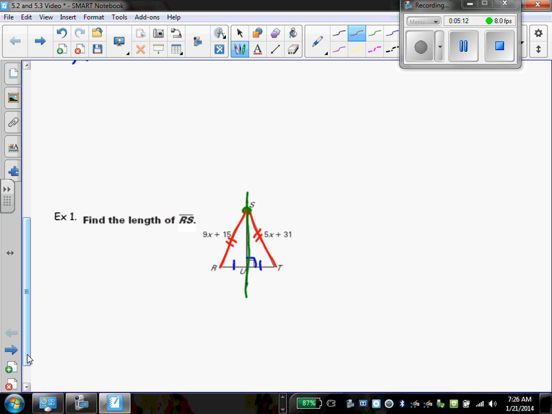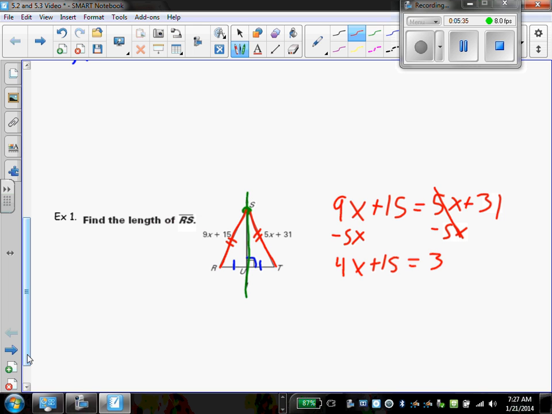So if we need to find the length of RS at that point, all we need to do is set these equal to each other and solve for x. Once we have x, plug it in to find out what RS is. So 9x plus 15 equals 5x plus 31. Minus 5x, those cancel out. That reduces to 4x plus 15 equals 31.